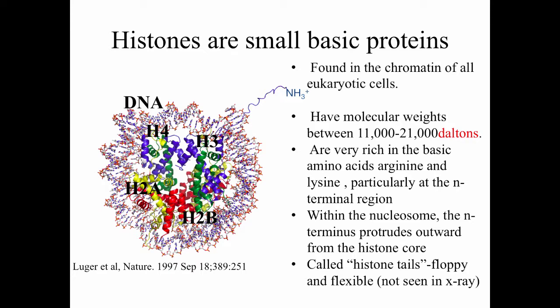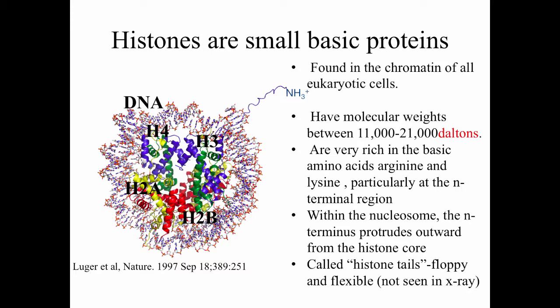These N-terminal regions are called histone tails. They're called tails because they're floppy and flexible. They fold around in solution, kind of like how a dog would wag its tail around. Because they're flexible, you can't really see them in the crystal structure. So the structure is kind of a misrepresentation because the tail is drawn in. It's not actually crystallized.